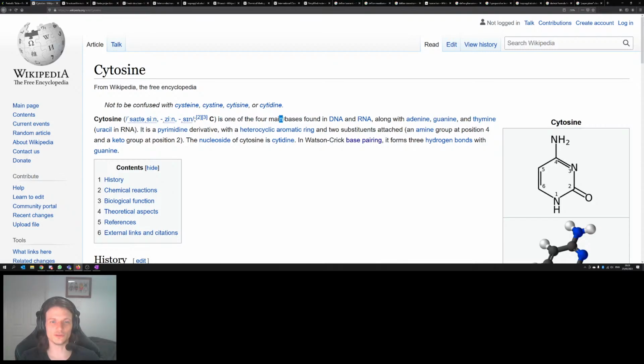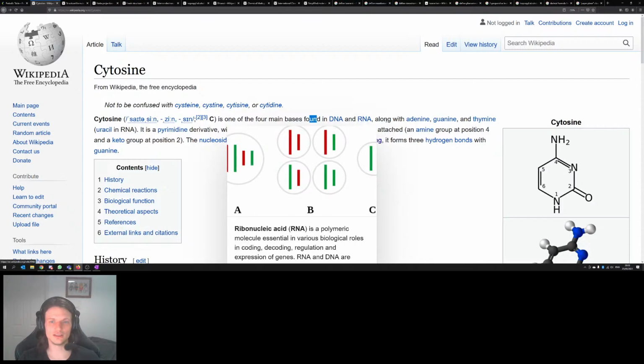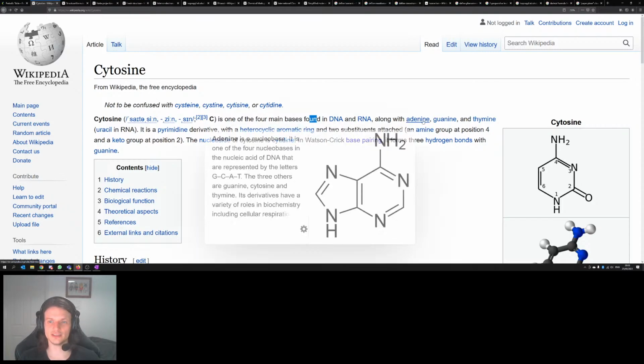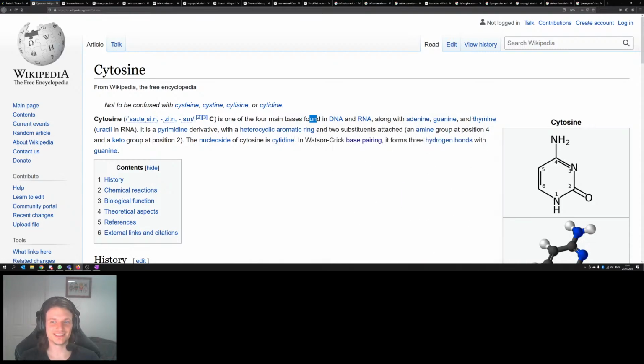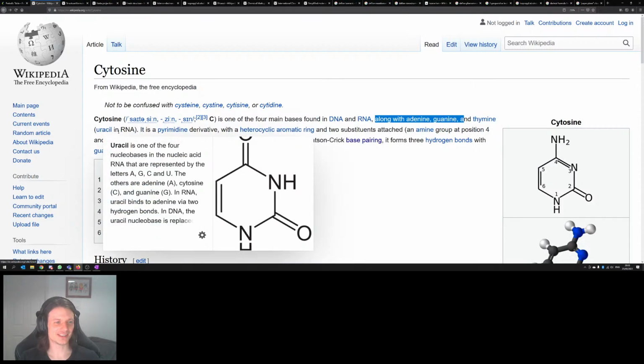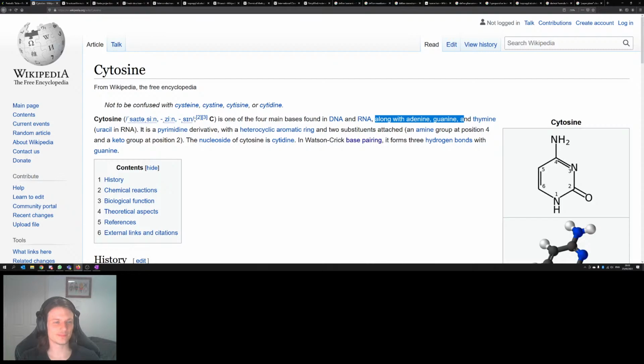Cytosine is one of the four main bases found in DNA and RNA, along with adenine, guanine, I don't know, and thymine. I should probably learn how to say these. Uracil in RNA. It is a pyrimidine derivative.